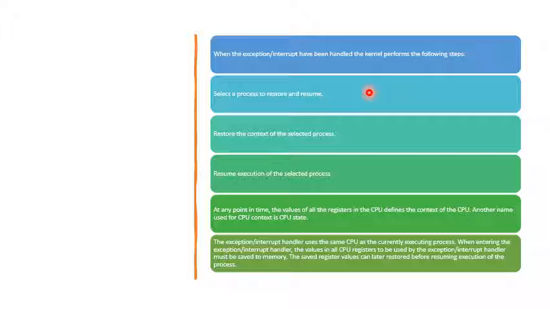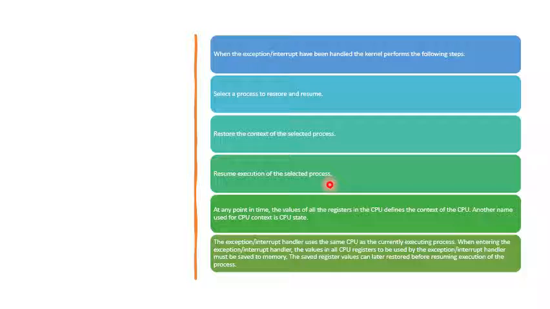So when you restart the program, it will ask you to either start from the beginning or from the last previously saved state. So this is possible in Cortex M3 because of the SRAM. SRAM holds the actual data which is saved recently before the processor has been stopped in an irregular manner. Okay, so it can restore the context of the selected process and resume the execution of the selected process.